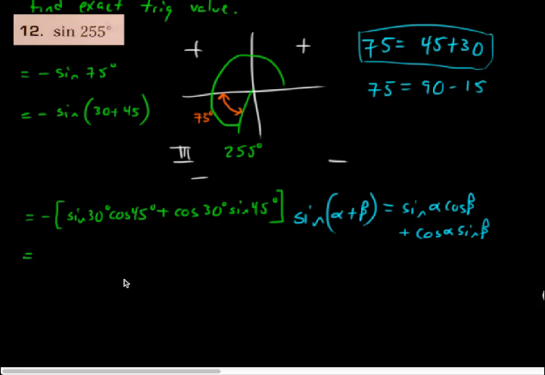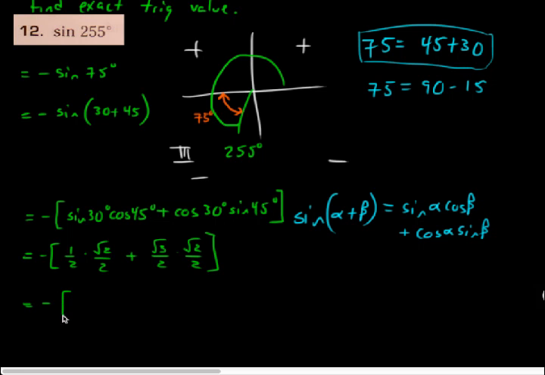And I'm able to determine the exact trig values. Sine of 30, I'm actually going to use my little hand trick here, is a half. Cosine of 45 is rad 2 over 2. Cosine 30 is going to be root 3 over 2. And sine of 45 is rad 2 over 2.